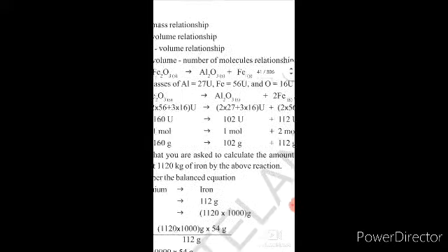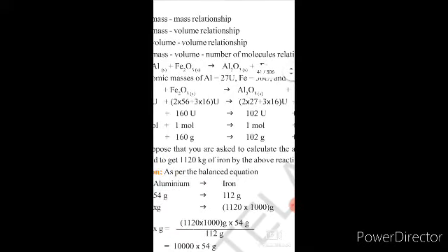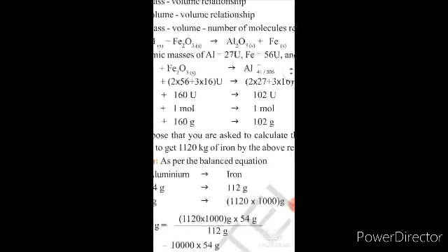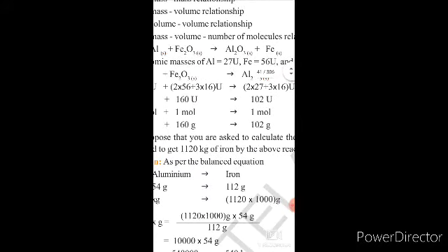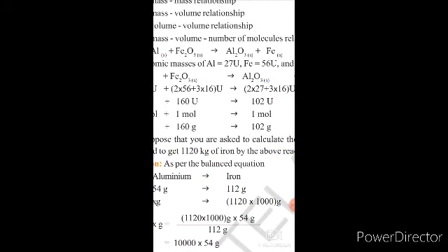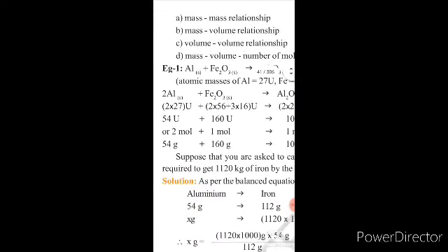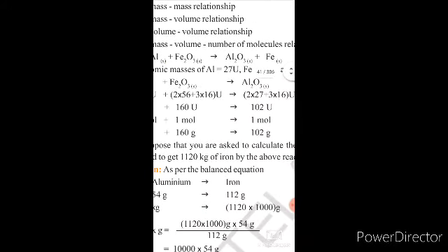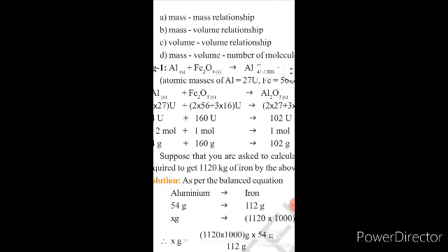To get 1120 kilograms of iron, how many kilograms of aluminium do you need? How much aluminium if you add to this reaction, this much iron you will get. So this is the question.